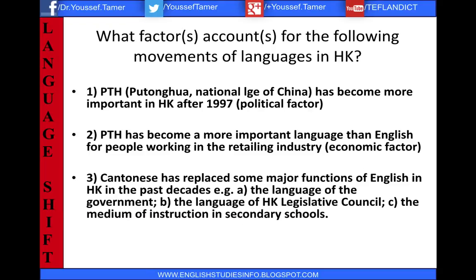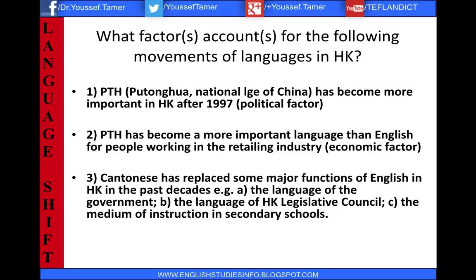Another example is in Hong Kong as well. Cantonese has replaced some major functions of English in Hong Kong in the past decades.